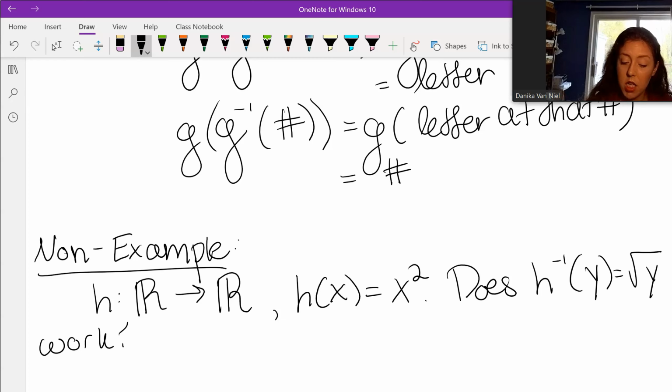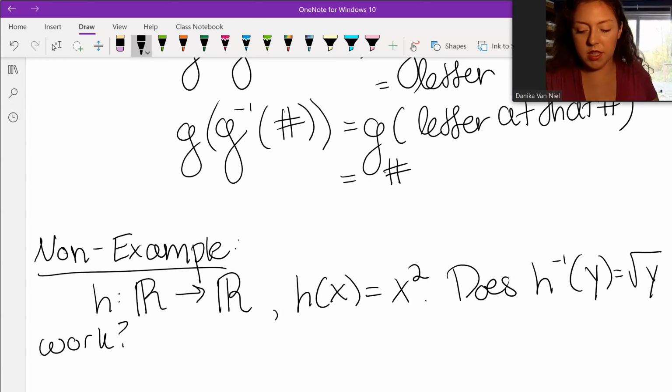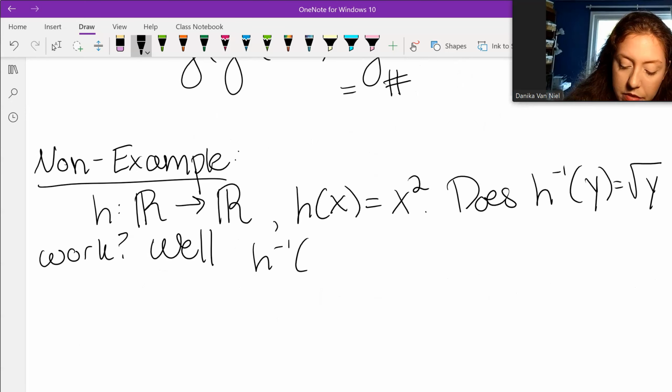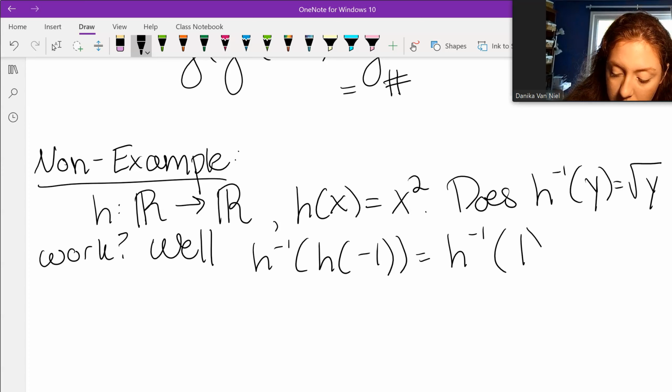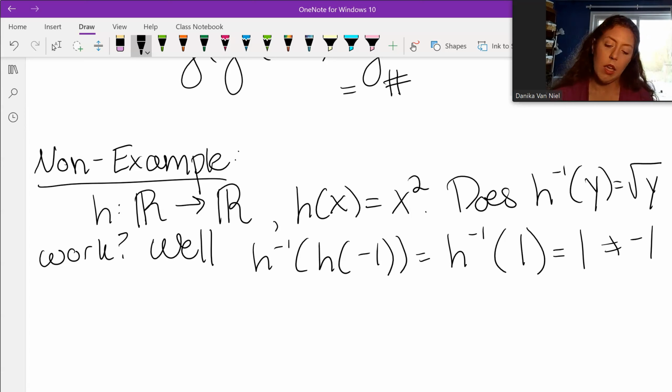So h inverse still goes from reals to reals. h inverse of h of negative 1 equals h inverse of 1, which equals 1. Oh, well, that's not equal to negative 1. Okay. Well, shoot. That didn't work.